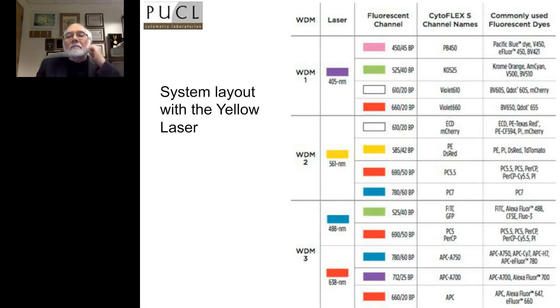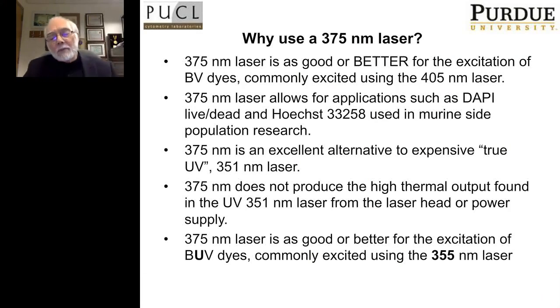And on this slide, for example, with the 405, the 561, the 488, and the 638 laser, I've listed there a lot of the common dyes that you can use.